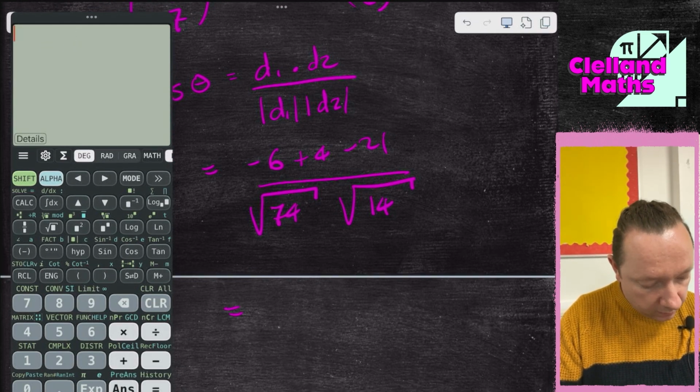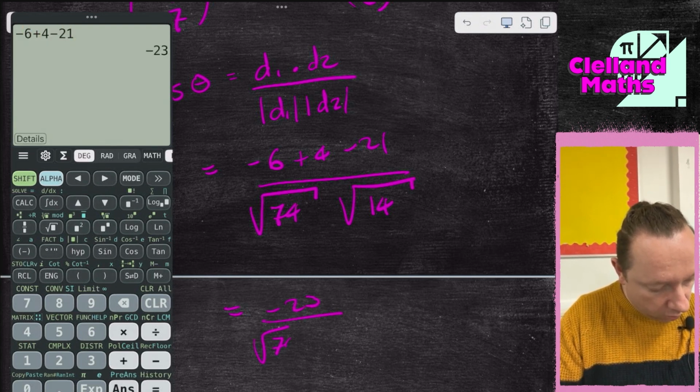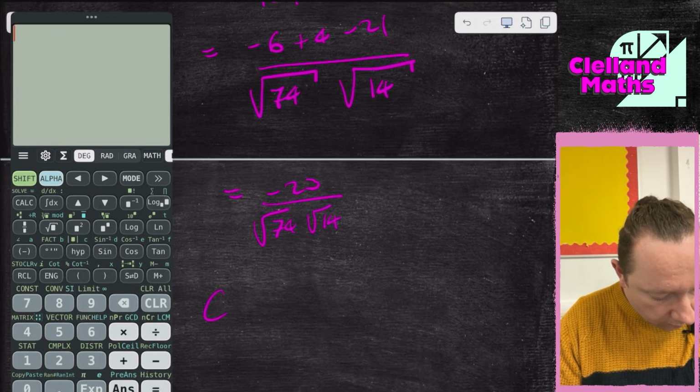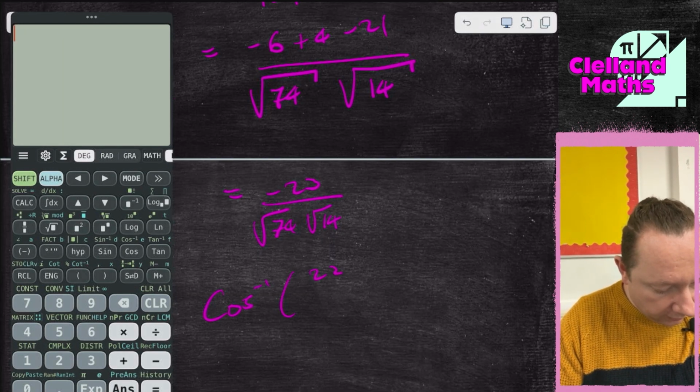So minus 6 plus 4 minus 21. We get minus 23 over root 74 root 14. So inverse cos of minus 23 over root 74 root 14.